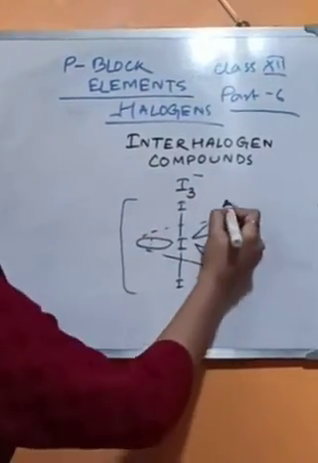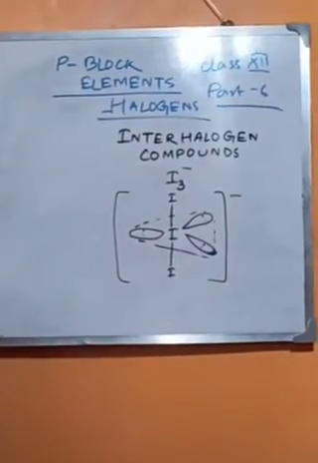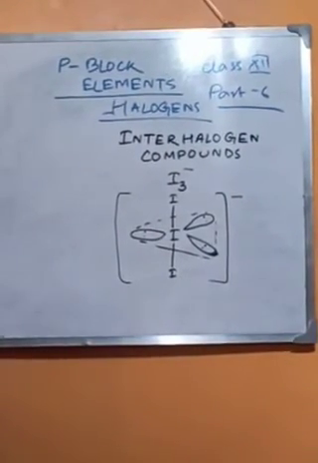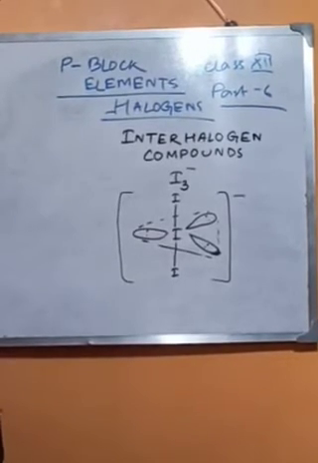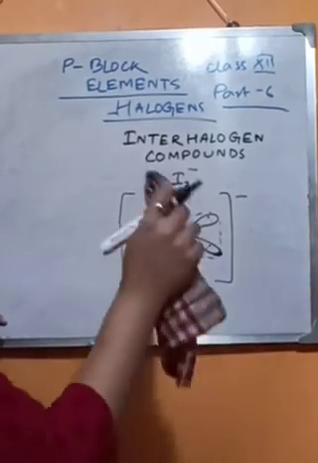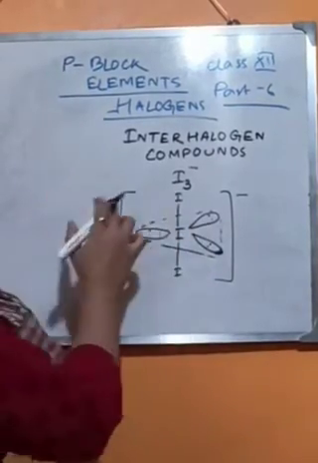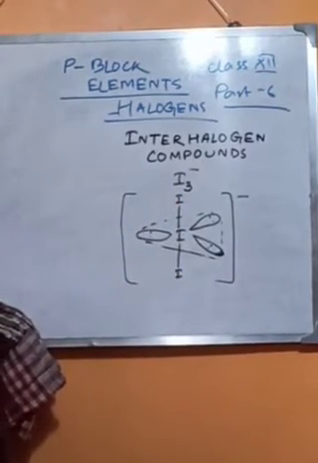Okay, and the total will have a negative charge. Okay, this is the interhalogen compound I3 minus. This is the negatively charged molecule whose structure can be written like this.